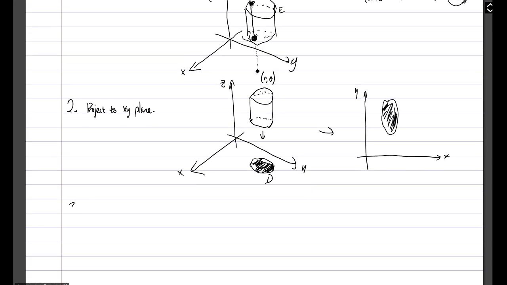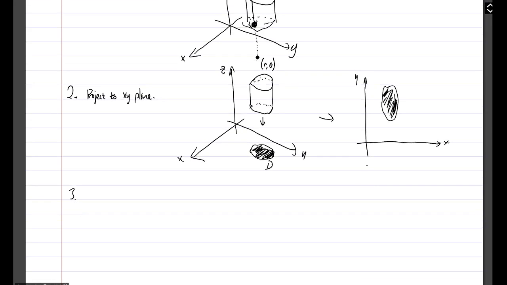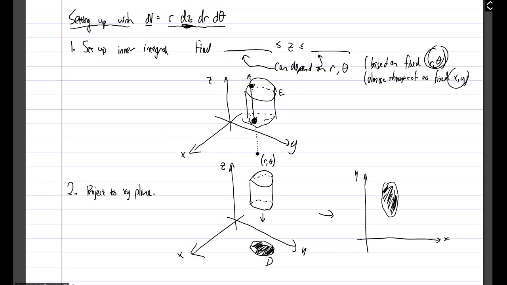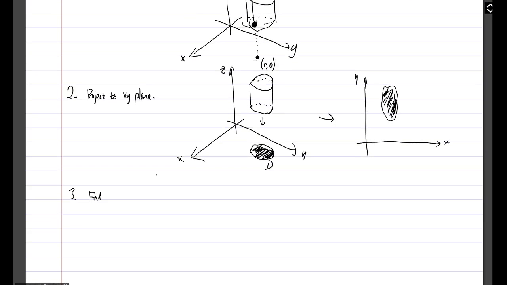Then, step three, looking at this picture over here, going back to our integration order, r is next, so we should find upper and lower bounds for r, looking at this projected picture here.